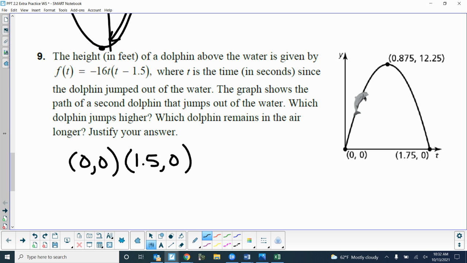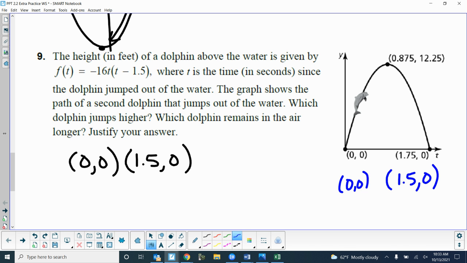So it looks like this, same picture, but I got the 0, 0. But this is 1.5, 0. So which one went further? The first one or the second one? Well, this first one went further? Oh, second one.